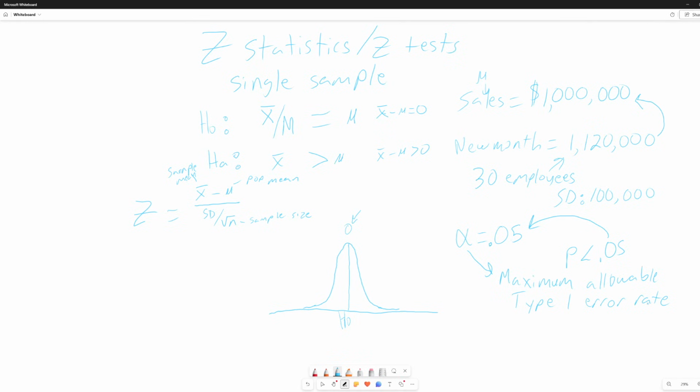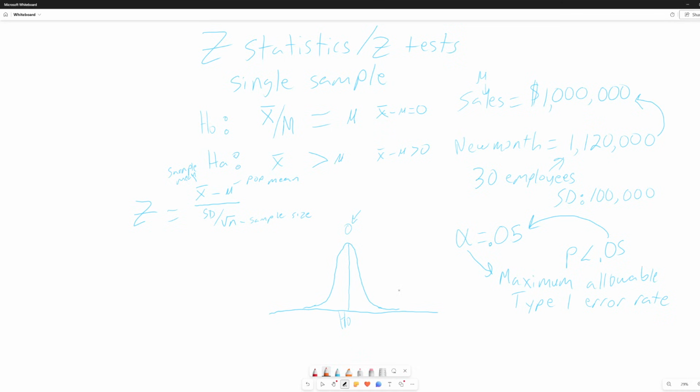We do not like type 1 errors, and if the null hypothesis is actually true, meaning that there is no difference between these two, we don't want to say that there is a significant difference when there isn't. But we are willing as a field to make a type 1 error 5% of the time that the null hypothesis is true. So if the null hypothesis is true, 5% of the time you're going to make a type 1 error. Well, we need to think about that.